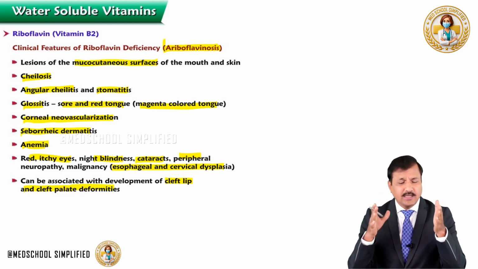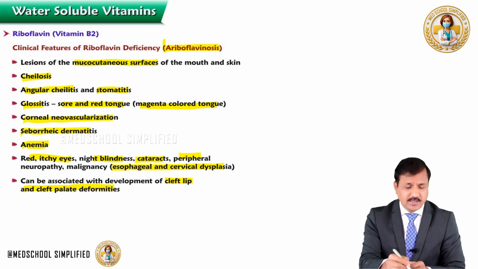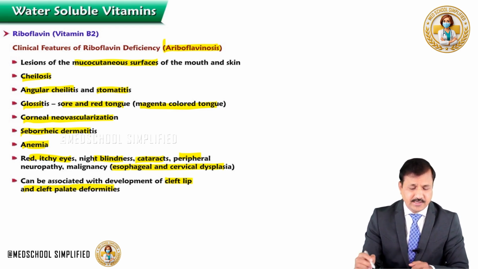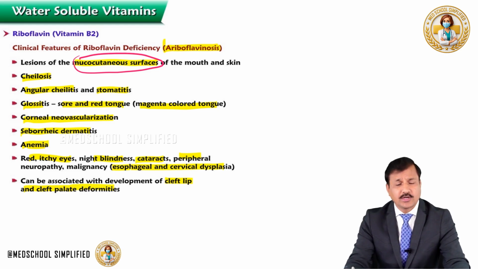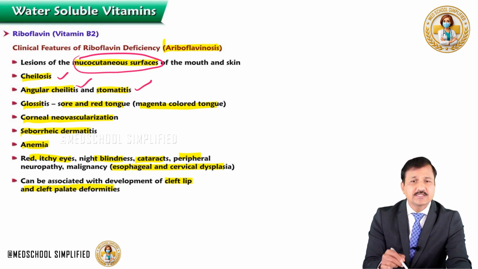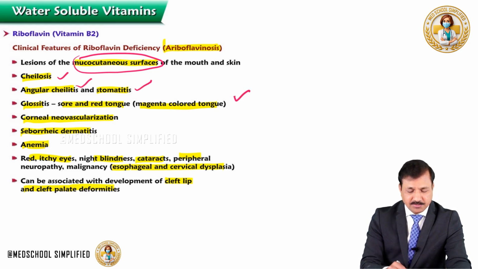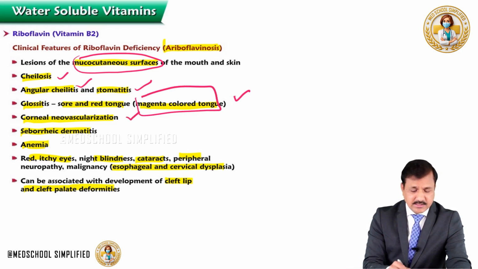Okay, now let me enumerate all the clinical signs that we are going to see in riboflavin deficiency. So make sure you remember, the first and foremost thing is it is going to commonly affect mucocutaneous areas. So the patient will show cheilitis, angular cheilitis, stomatitis, glossitis, and especially a magenta colored tongue, and corneal neovascularization, seborrheic dermatitis, anemia.